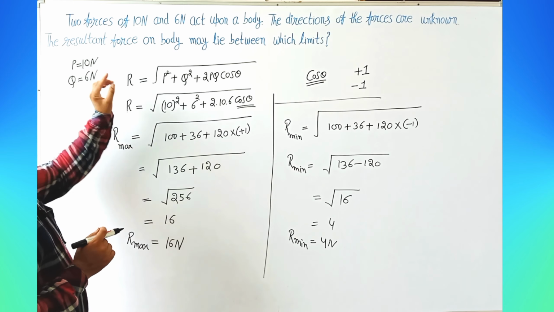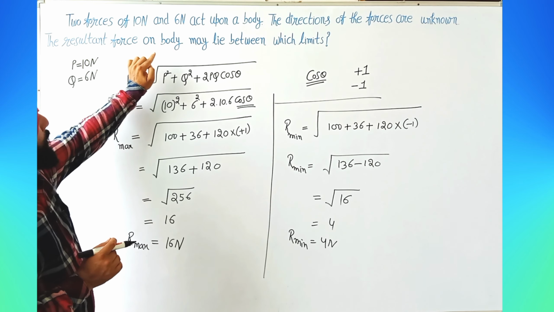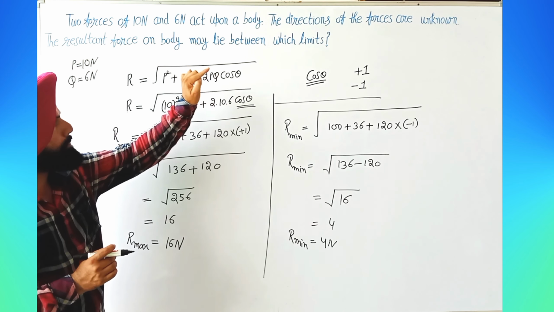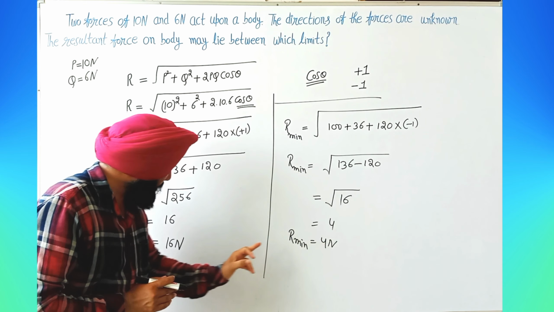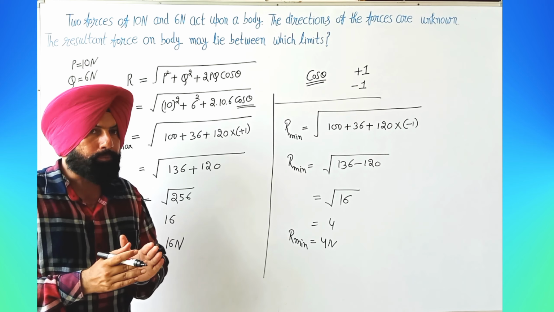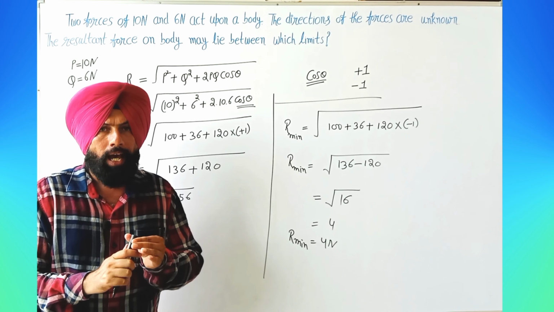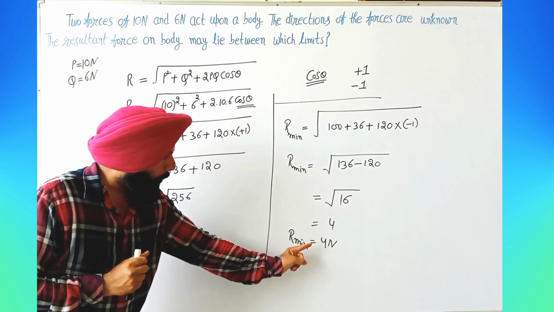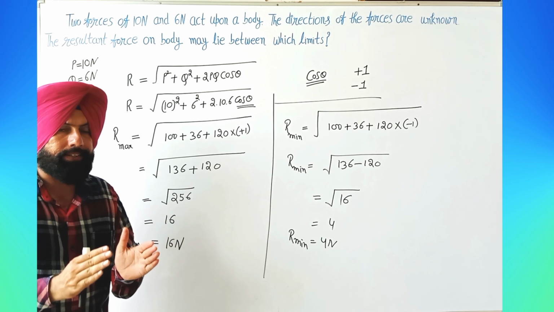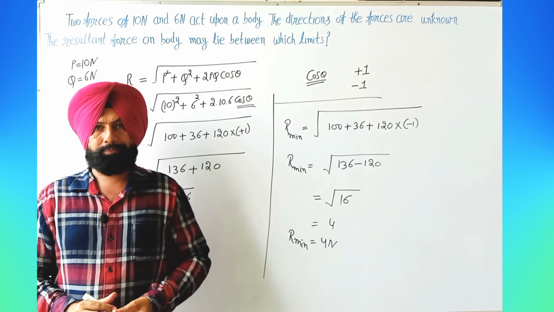So the resultant force on the body lies between limit 4 Newton and 16 Newton. Resultant force having the value between 4 Newton and 16 Newton.